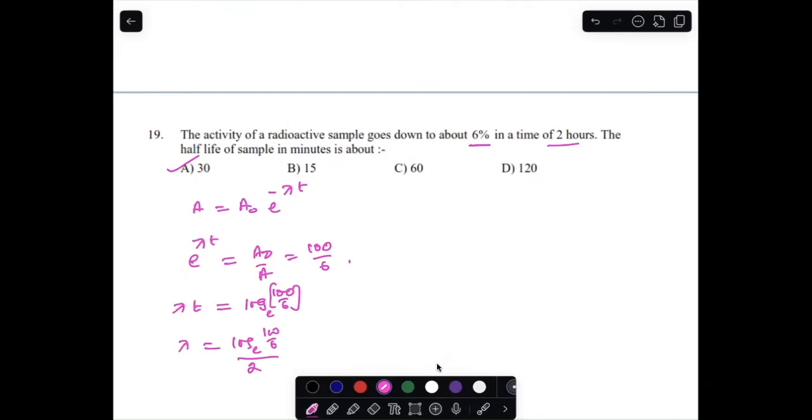Hold on. Now, what you want is natural logarithm of 2 by lambda. That is the half-life formula. So, natural logarithm of 2 by lambda, which you can write as log e 2 times 2 by log e 100 by 6. Means this can be written as 2 log e 2 by log e 100 by 6.